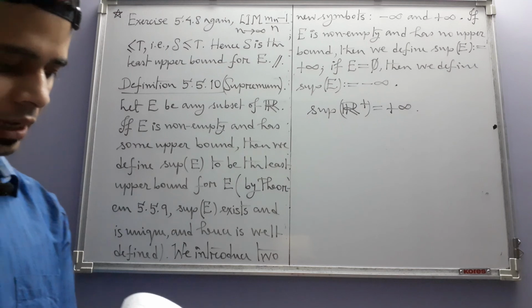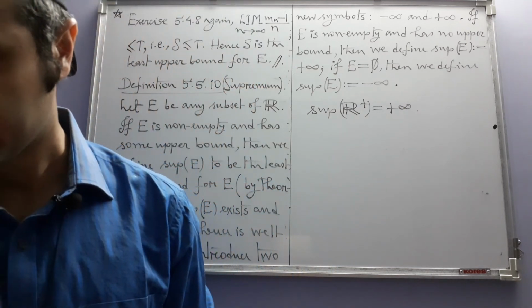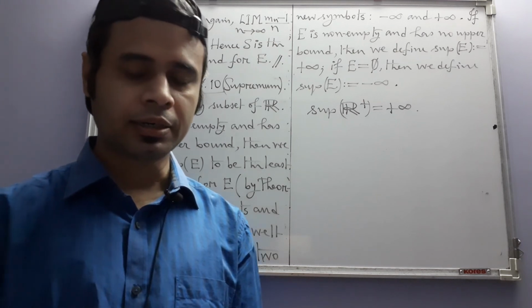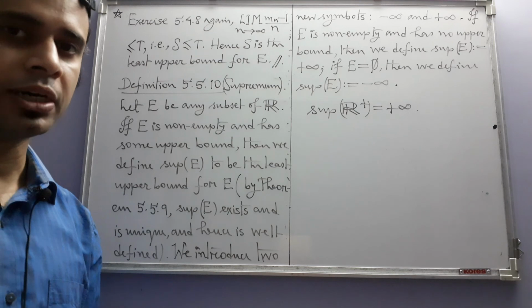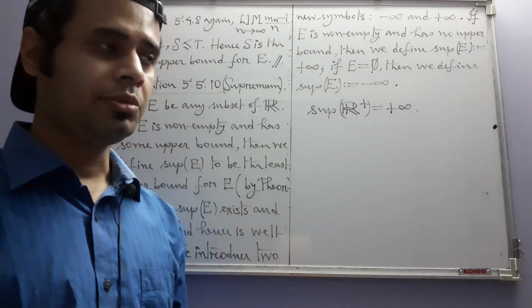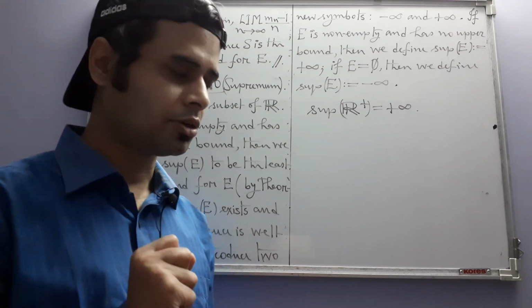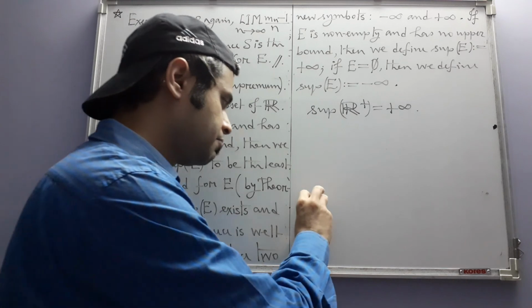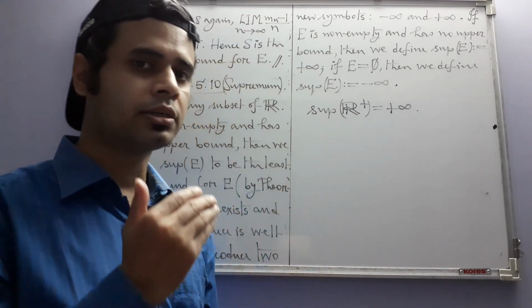Okay, so with this I end this video. In the next part, we will see how one can use this least upper bound property to address some of the issues that we came across in the system of rational numbers. For example, we have already seen that there is no rational number whose square is equal to 2.